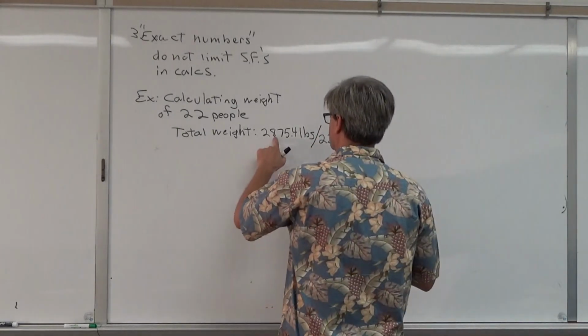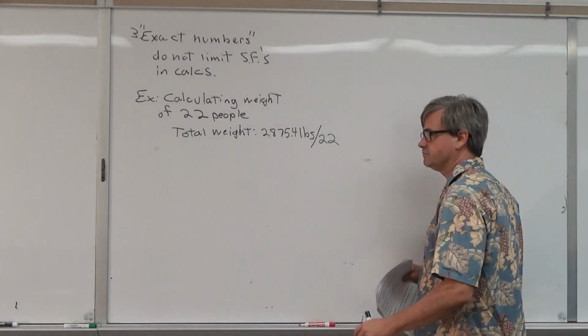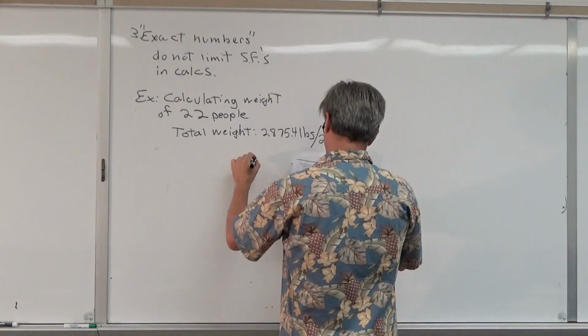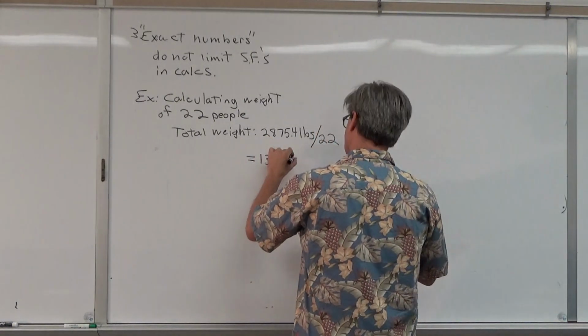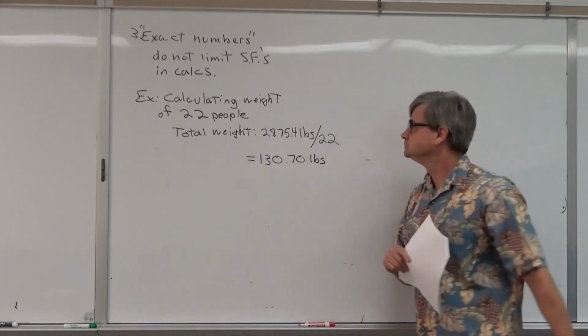All right, this has 1, 2, 3, 4, 5 sig figs, so our answer can only have 5 sig figs. We don't even consider the 22 because it's an exact number. So what we come up with is 130.70 pounds as our average.